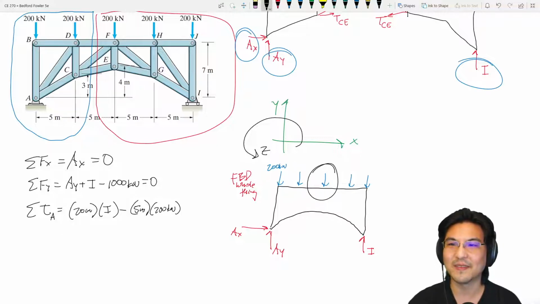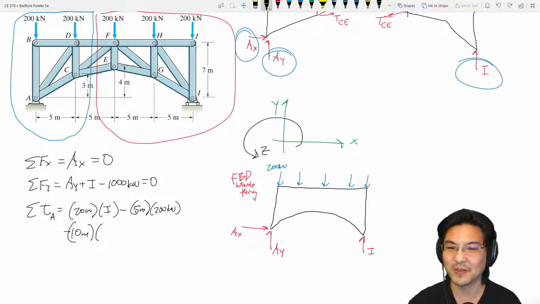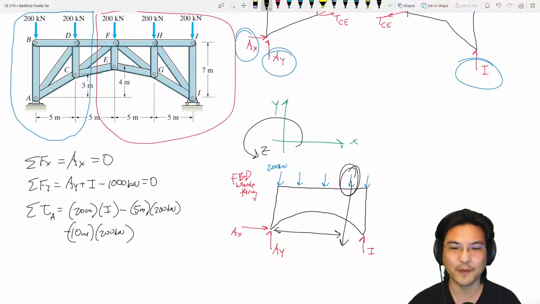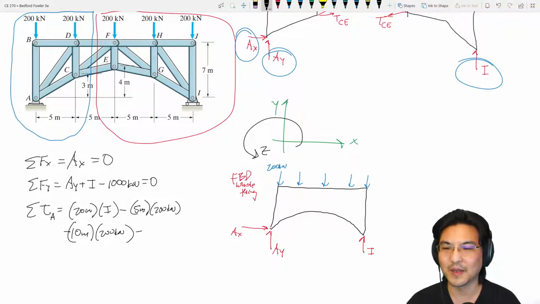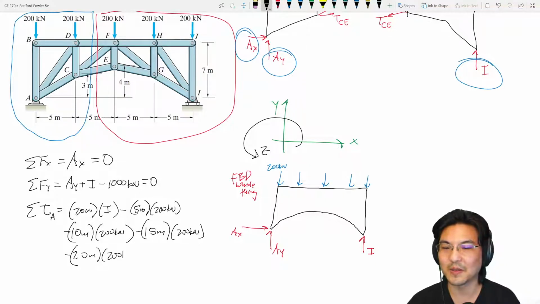And then from this one, that's here, right? This lever arm is 10 meters. So minus 10 meters times this force, which is 200 kilonewtons. And then now for this force, the lever arm is here, which is 15 meters, minus 15 meters times 200 kilonewtons, and then this one, which is 20 meters times 200 kilonewtons equals 0.